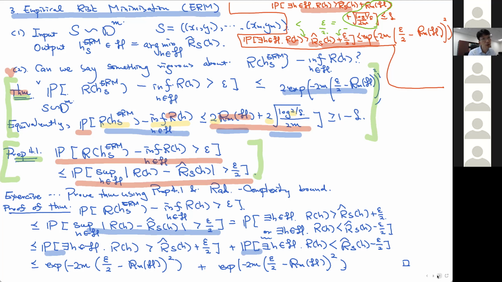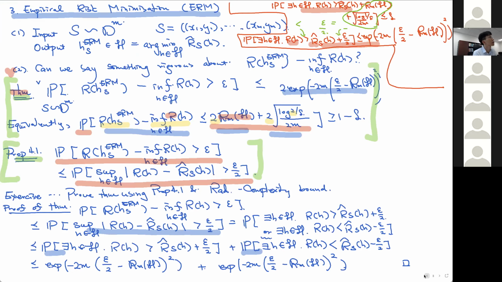So that brings us to what we call structural risk minimization. Okay, so 4.